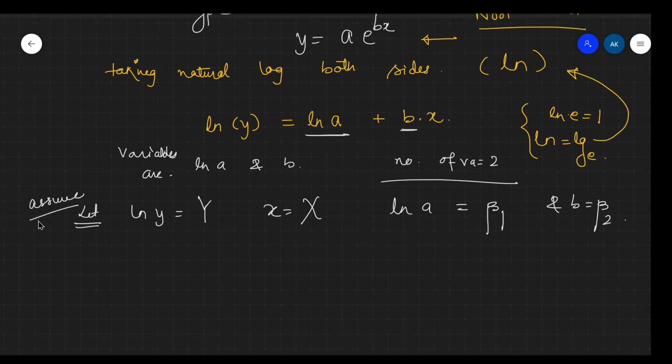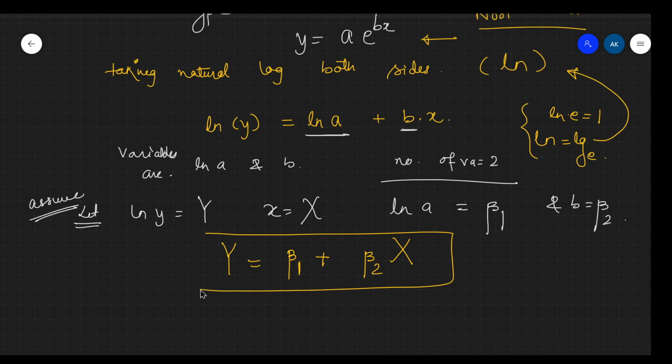Any problem with this? No. Putting these values in, you will get capital Y is equal to ln a, which is beta 1, plus b, which is beta 2, times capital X. Now, if coordinates of x and y are given, can you find capital Y? Yes, you can put ln y into this. Can you find capital X? Yes, it is directly equal to x.